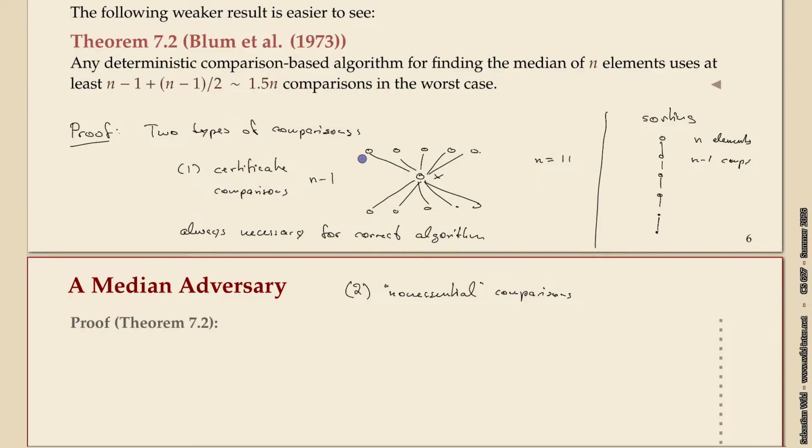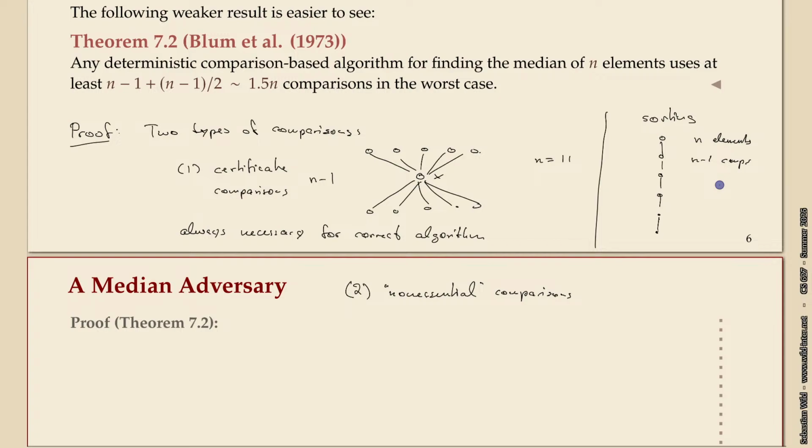So the thing is here, if I tell you this is the median, if I already give you that guess, and then you can compare that median to all the others, it's like one round of partitioning in quick select, and you immediately find that that's correct and that's the answer. Then you only need n-1 comparisons. What we'll try to prove is that in general, or in the worst case, it's not possible to make the correct guess without additional comparisons.